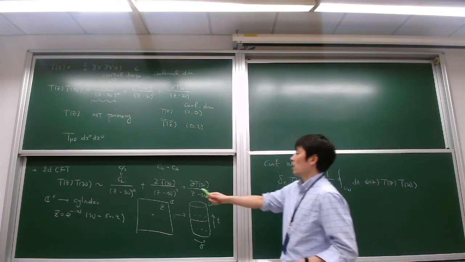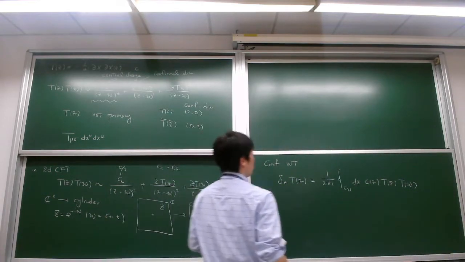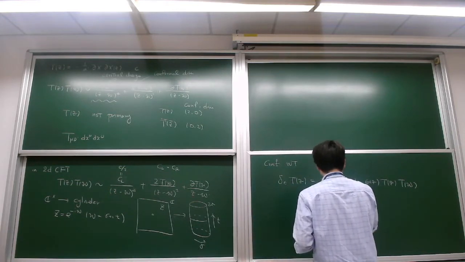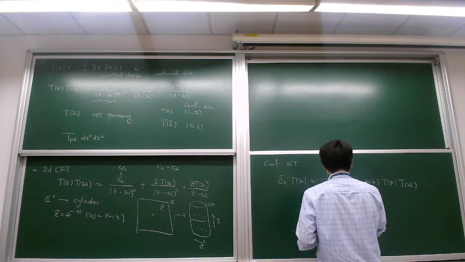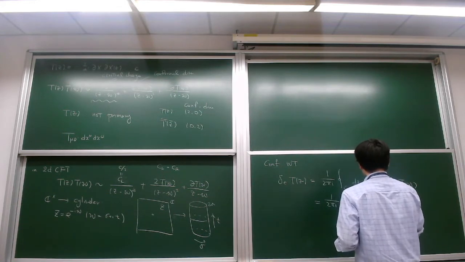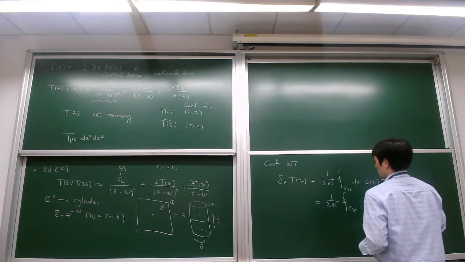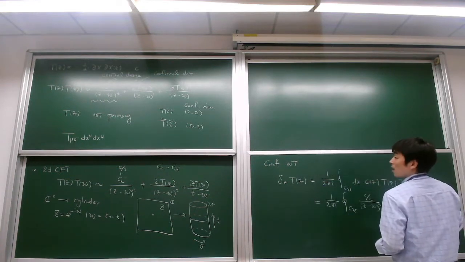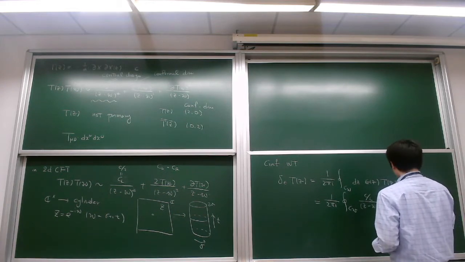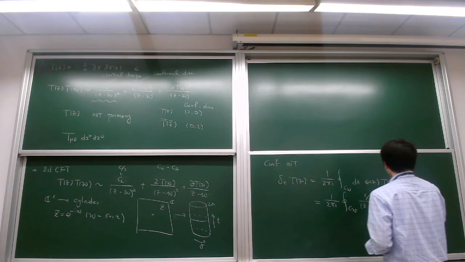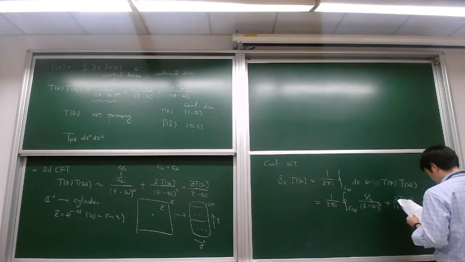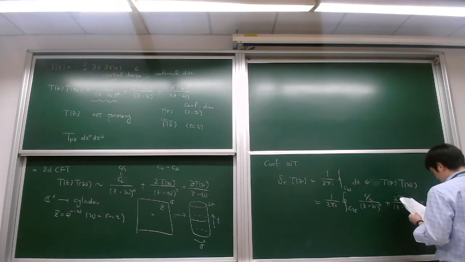We already did the OPE of the stress energy tensor, so we plug it in: c over 2 over (z minus w)^4, plus 2T(w) over (z minus w)^2, plus the derivative of T(w) over (z minus w).